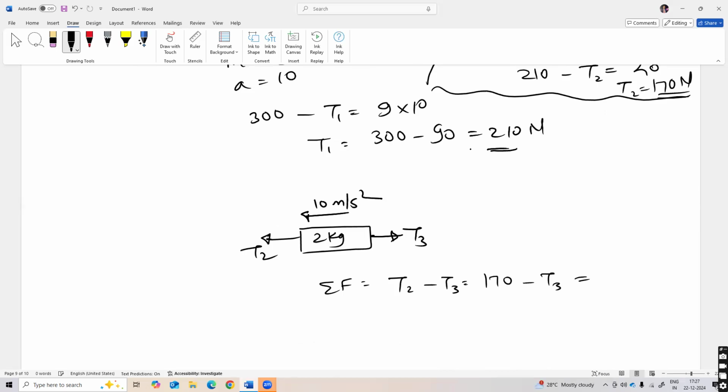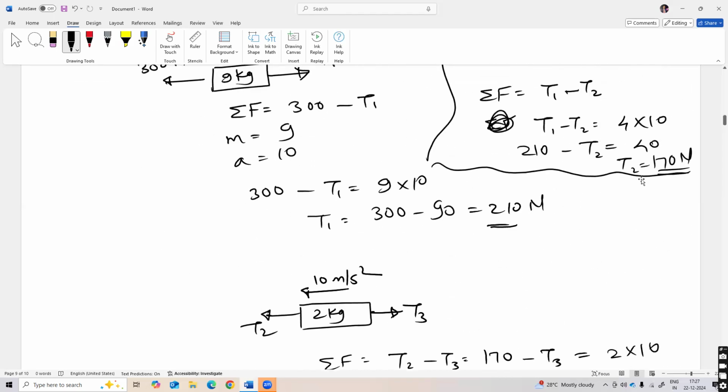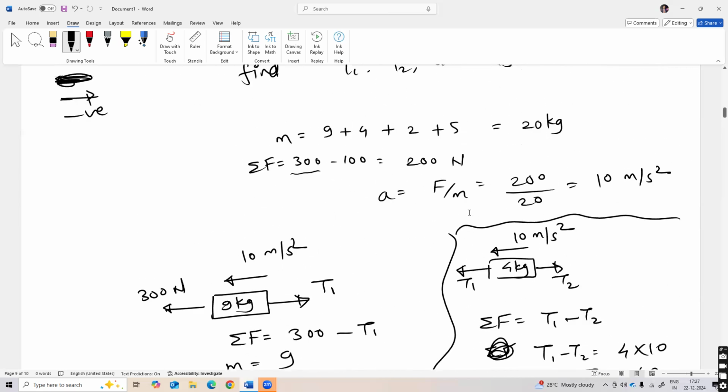And force equal to ma. So m here is 2 into acceleration is 10. So therefore T3 will become 150 Newton. Okay, so we got T1 is equal to 210, T2 is equal to 170, T3 is equal to 150 Newton.